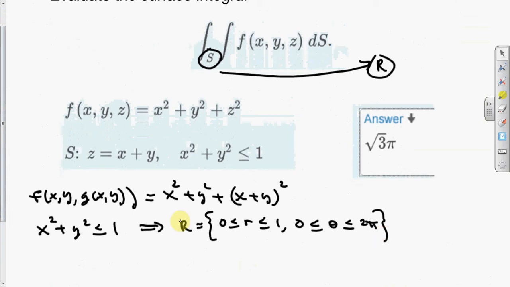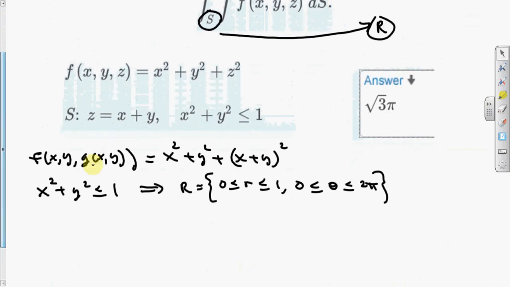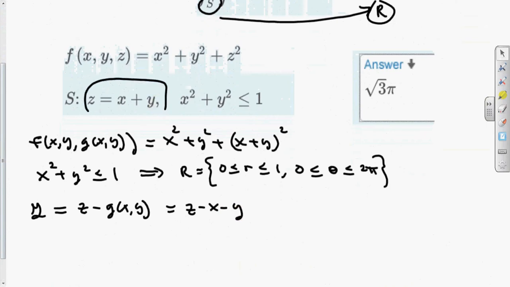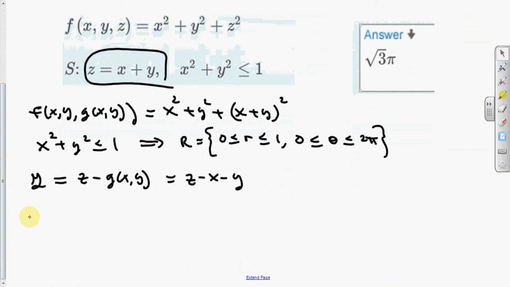So if we convert here to polar coordinates or cylindrical coordinates, however you want to call it, that means that the function f needs to also be converted in that manner as well. We'll do that, but let me deal with my capital G. Capital G is z minus little g of x, y. Well, this is z minus x minus y. So I take its gradient based on my instructions.